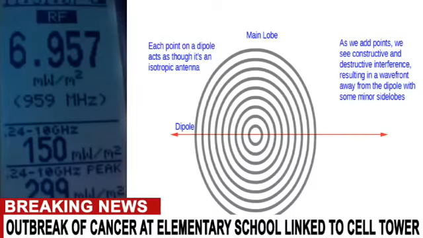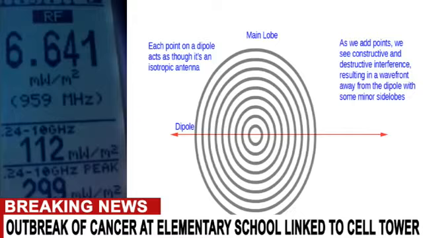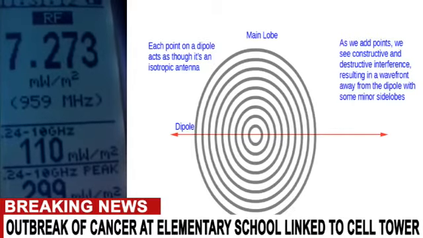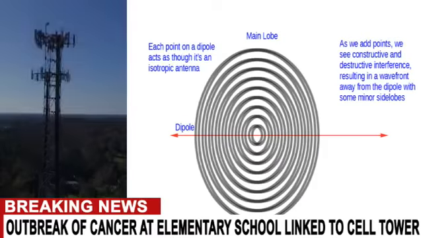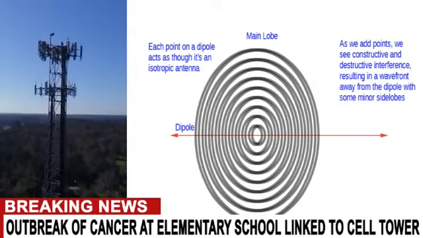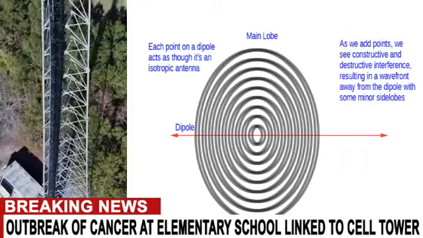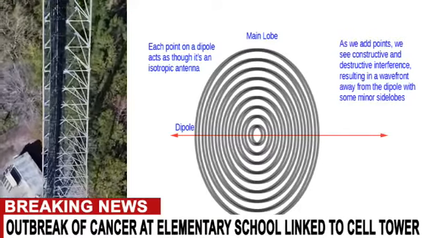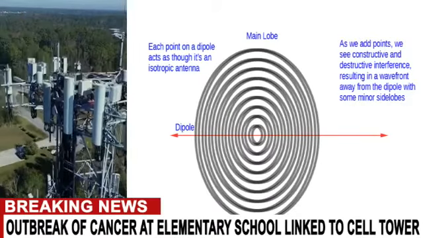Each point on our dipole acts as an isotropic radiator. The circles are the waveform emanating from that point, sort of like ripples in a pond. Let's add another point a small distance away. The radiation patterns create both destructive and constructive interference, and you can see that the energy goes mostly up and down.